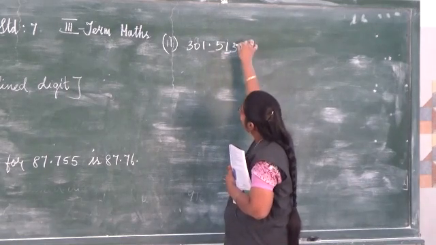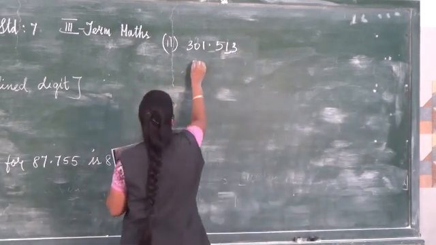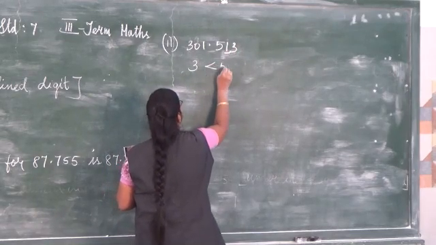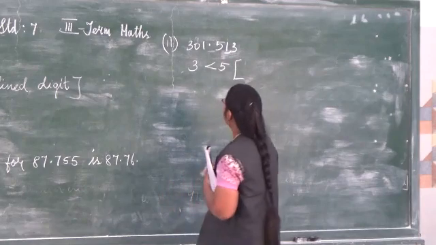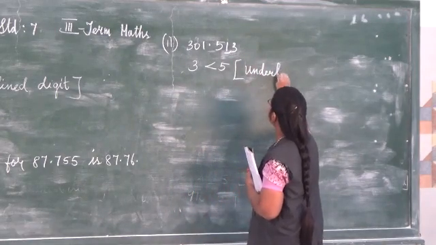What is the condition? We have to take the right side of the underlined digit, which is 3. 3 is less than 5. So if it is less than 5, the underlined digit remains the same.